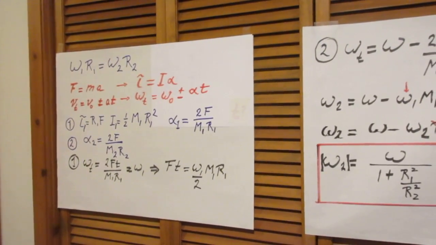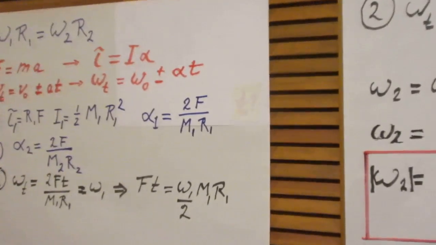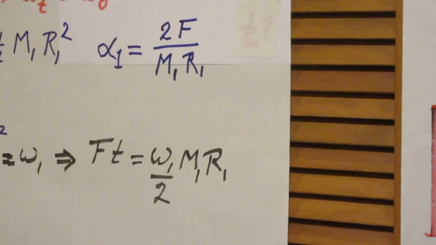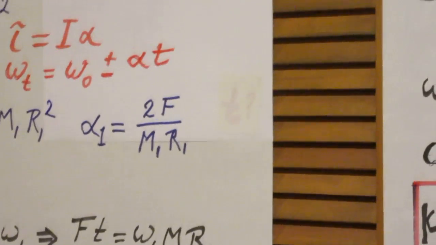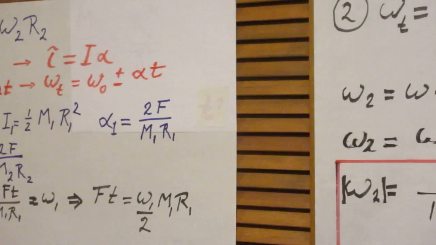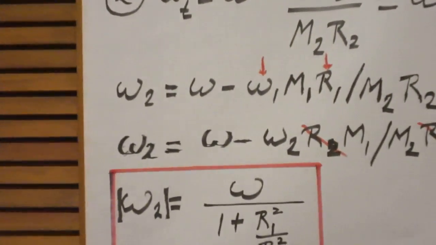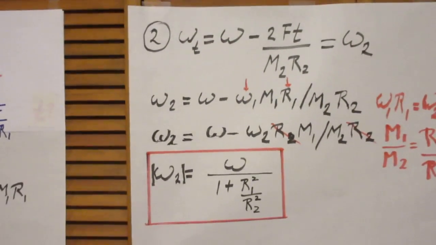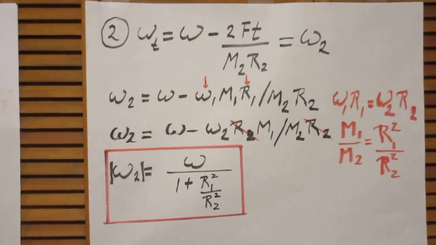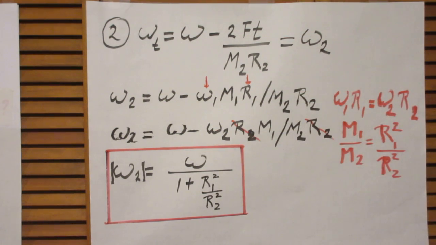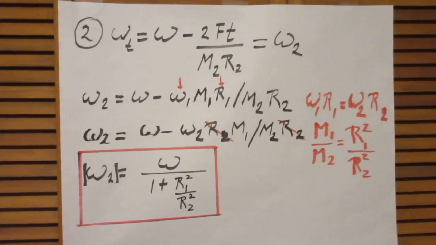Do you still see this ft there? Ha! So, what am I going to do? It's obvious. I am going to replace this ft by the one that we just calculated for this one. Thereby, I eliminate it.